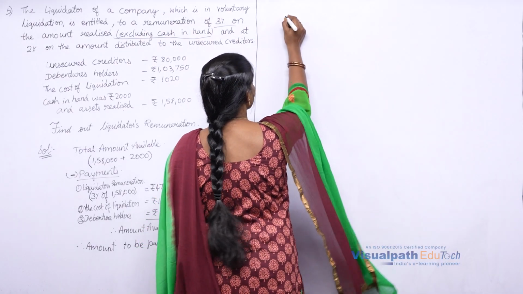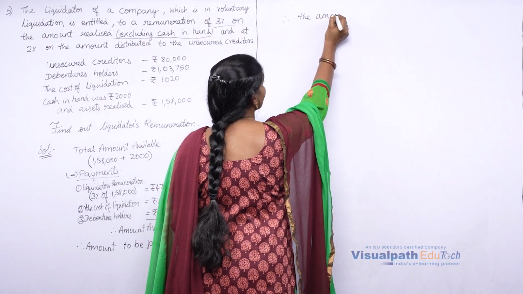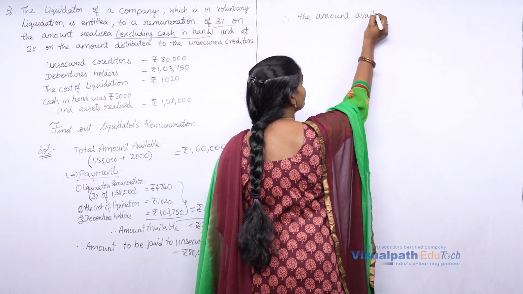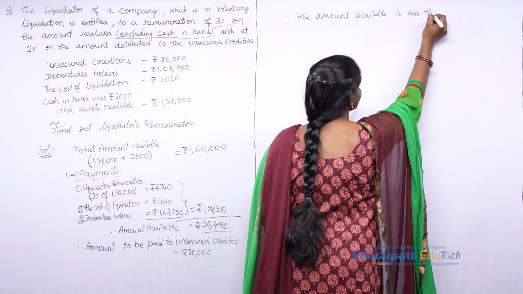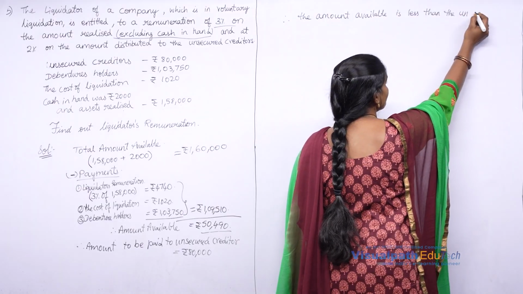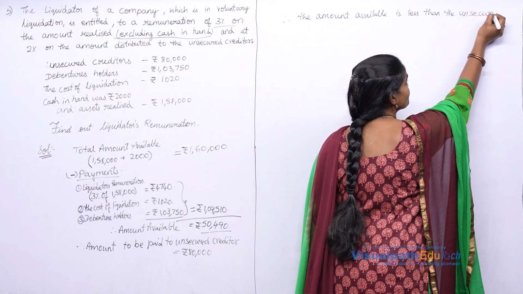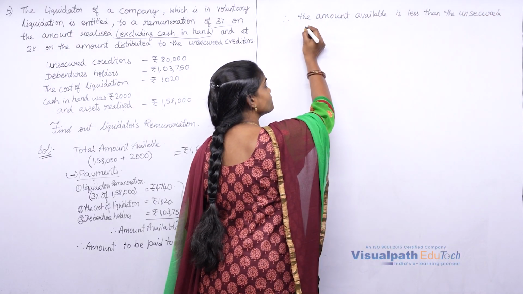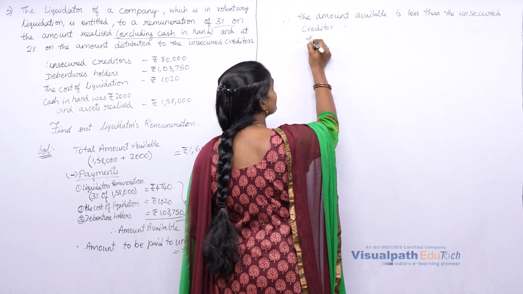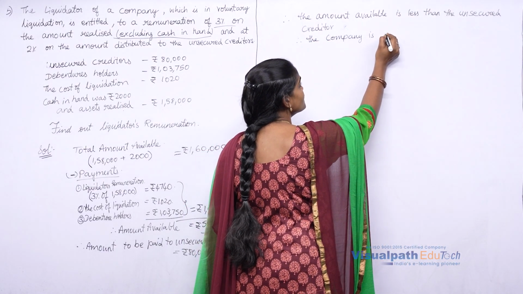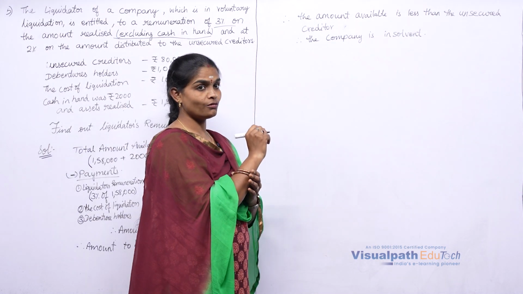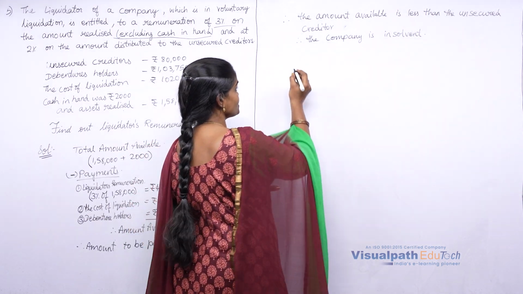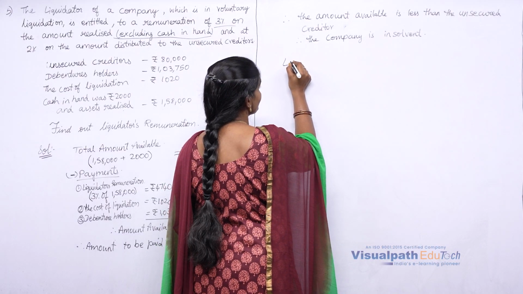Therefore, the amount available is less than the unsecured creditors. Therefore, the company is insolvent. Now, calculate liquidator's remuneration.